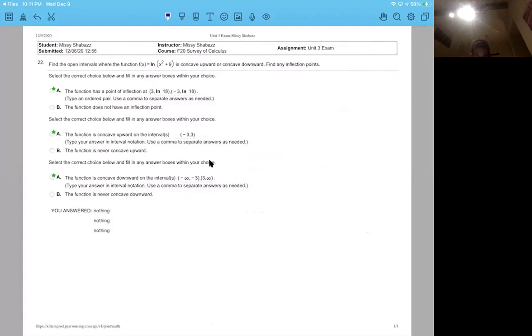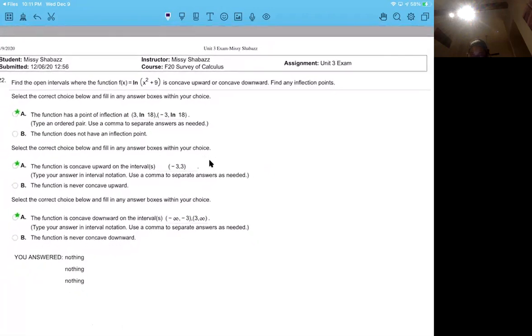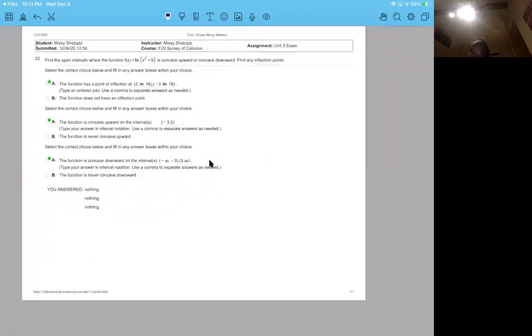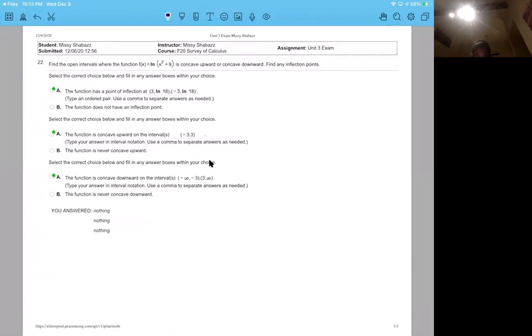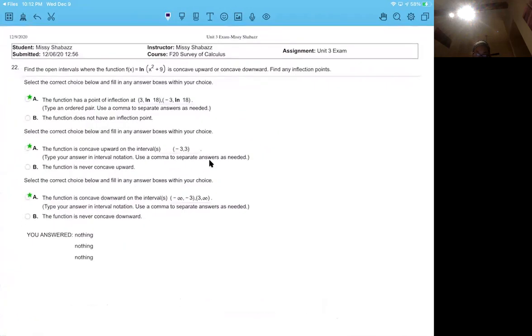All right, next question. Find the open intervals where the function natural log of x squared plus 9 is concave upward and concave downward. Find any inflection points. So I have f of x equals the natural log of x squared plus 9.